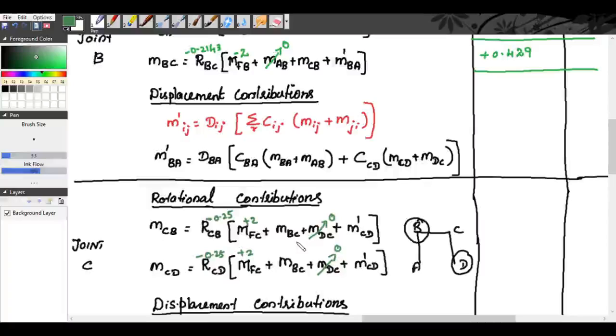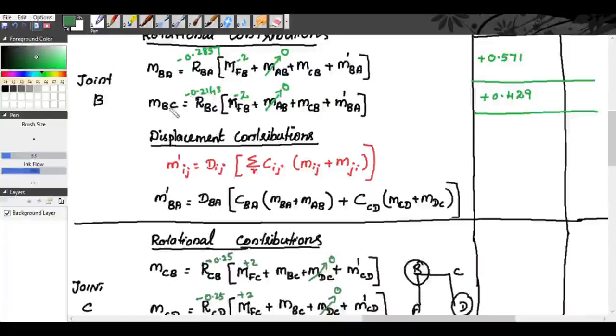MBC. For the first iteration, we have already found MBC is plus 0.429. So you have to take this value, plus 0.429. So what we get is minus 0.25 multiplied by plus 2 plus MBC, which is plus 0.429. M dash of CD, initially we can take it as 0.